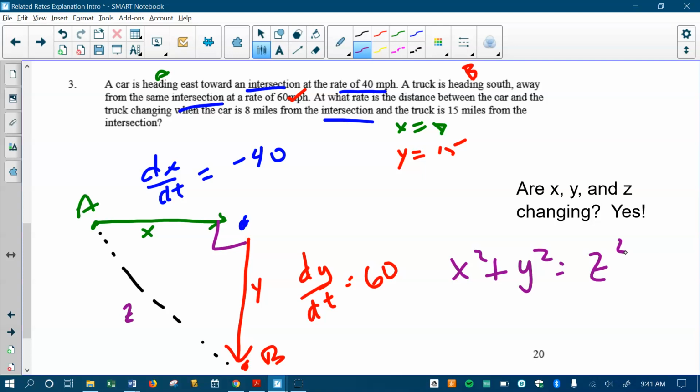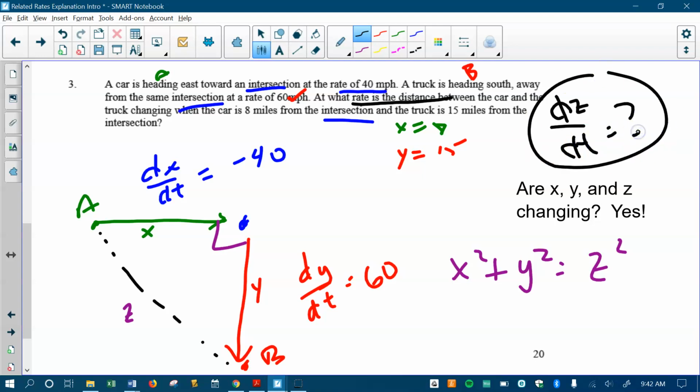So now I can take the derivative with respect to time and plug in my values to get the answer to what it's asking. At what rate is the distance changing? That means that we are going to want dz/dt. That's what we're going to want. And by the way, we don't have a z value. When x is 8 and y is 15, z is 17.